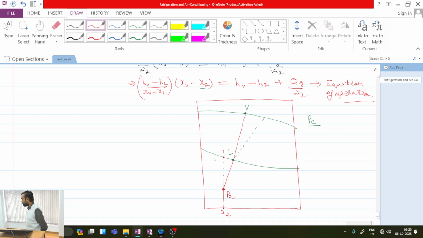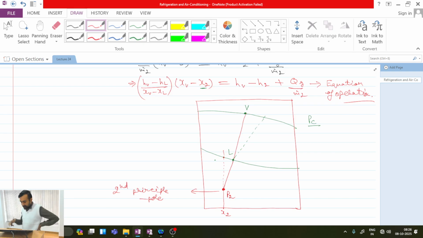Are all clear with this point? So what is P2? P2 is called the second principal pole.